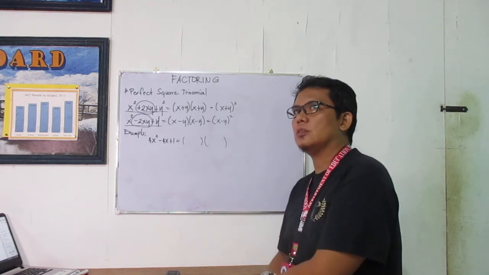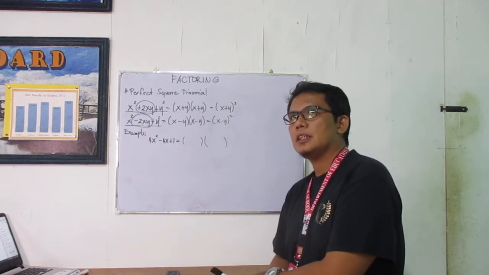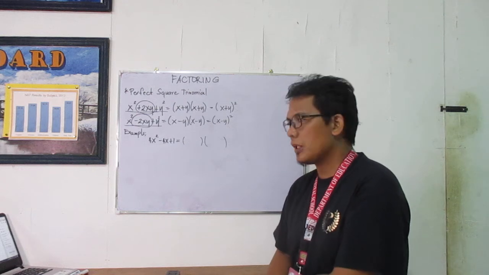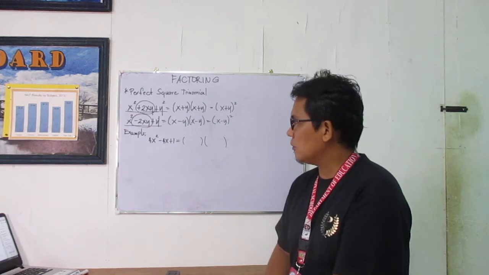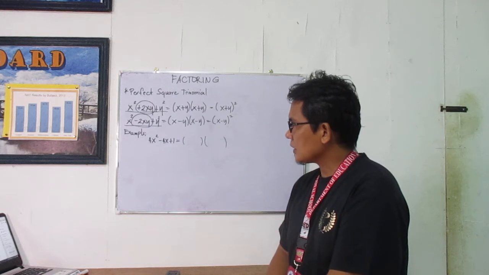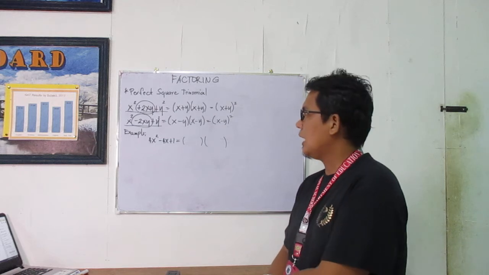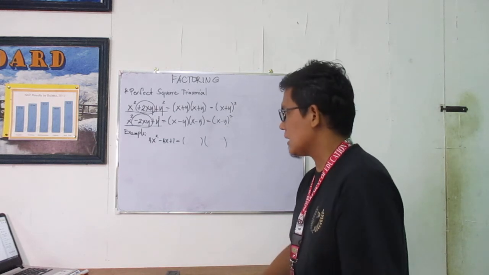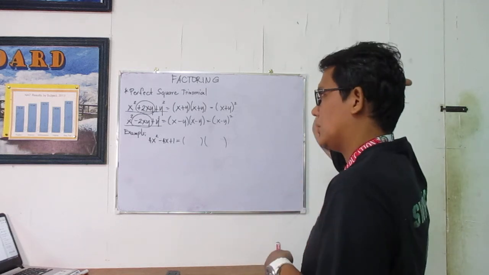But if there is a question like, which of the following is a perfect square trinomial, that would be a different question, because you're going to consider your middle term, if your middle term will give an exact value of the factors of your first and last term after multiplying by 2. Again, that lesson will be in a separate video. All of the special products I'm going to discuss in one video only.